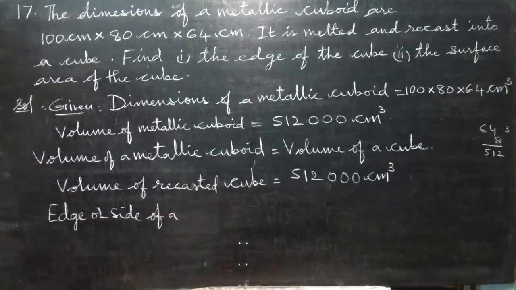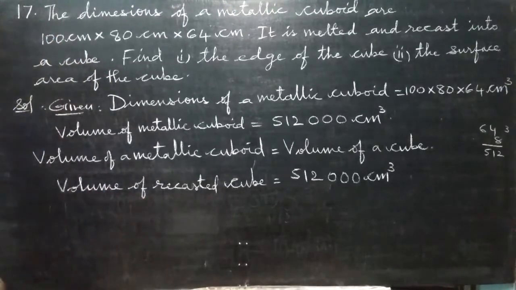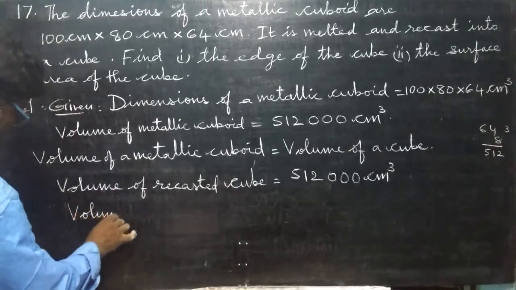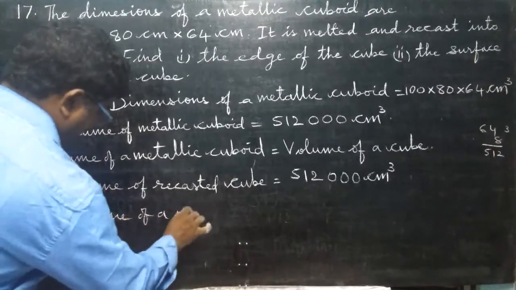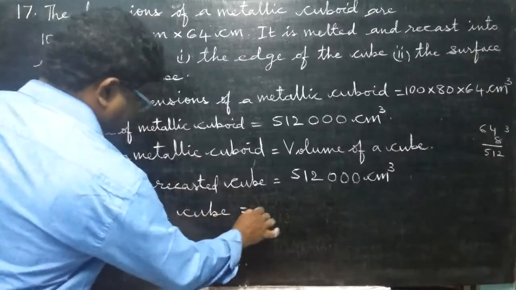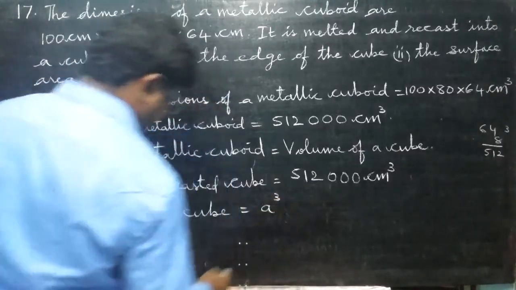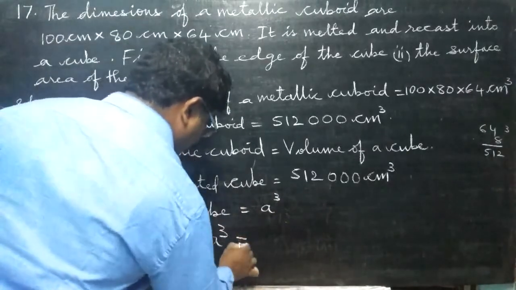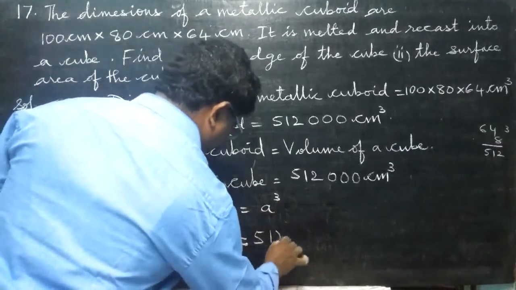First of all we will write the formula. Volume of a cube is equal to a cube. So a cube is equal to 5 lakhs 12,000.